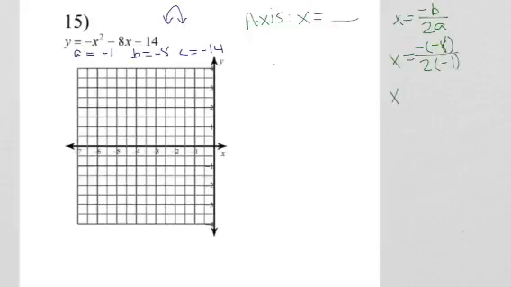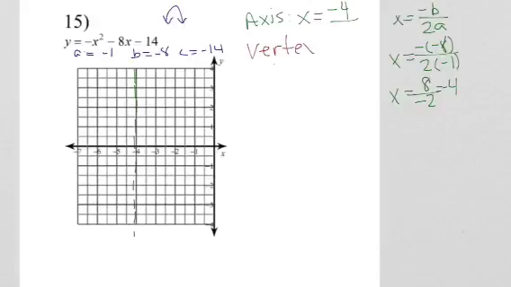The negative of -8 is +8, 2 times -1 is -2, which all equals -4. So there's my axis of symmetry, and that again is a dashed line over here on x equals -4.